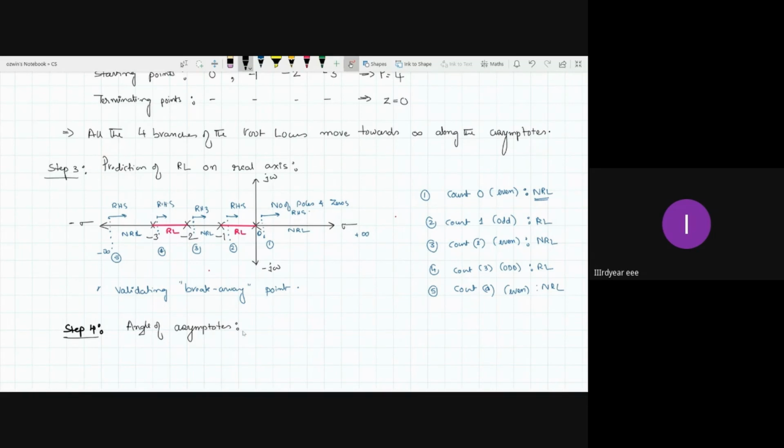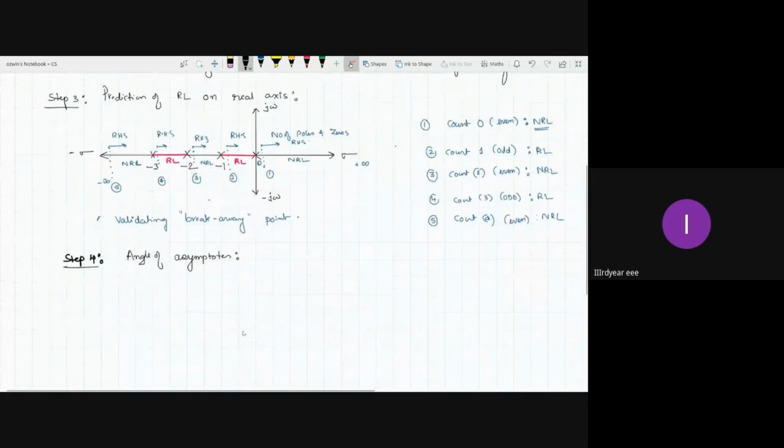Angle of asymptote is a formula-based calculation. Before the angle of asymptotes, I think the centroid.